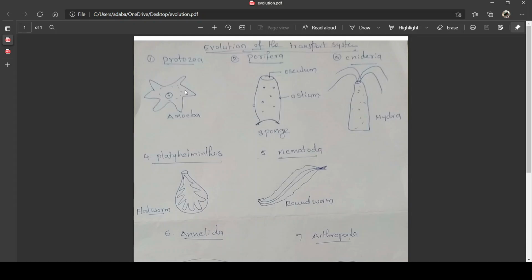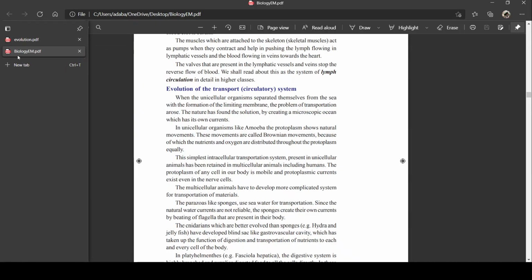Each and every cell has an intracellular transportation system. The protoplasm of any cell in our body is mobile, and protoplasmic currents exist even in the nerve cells.